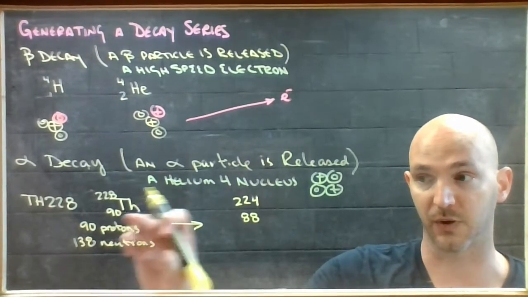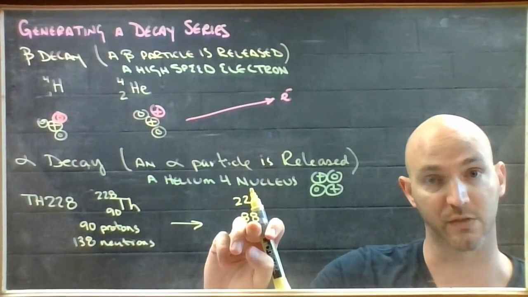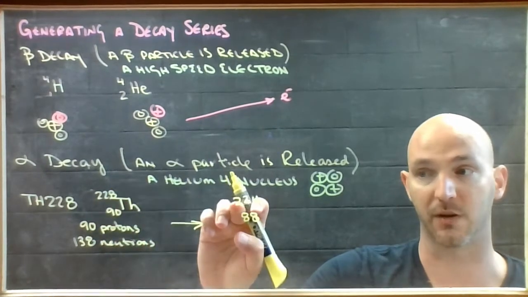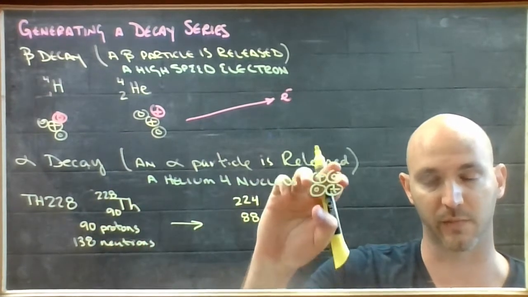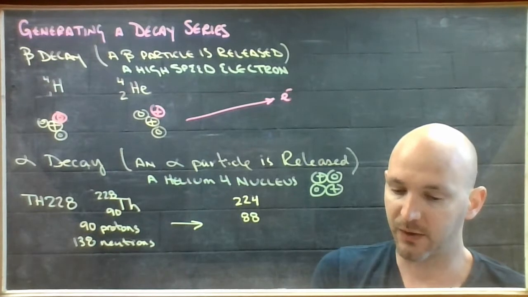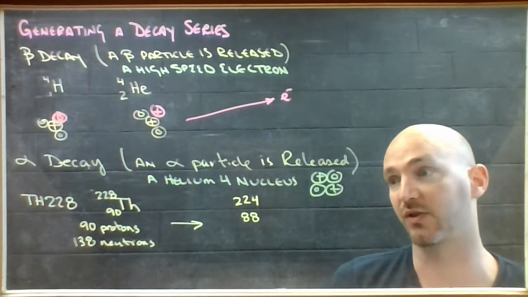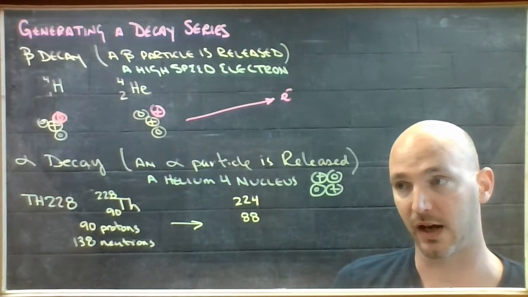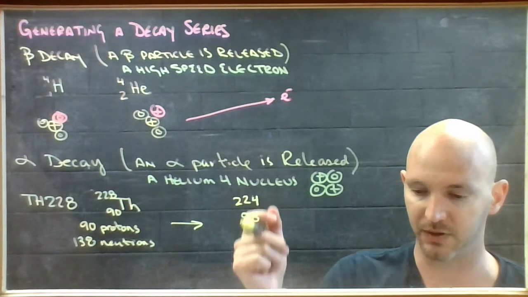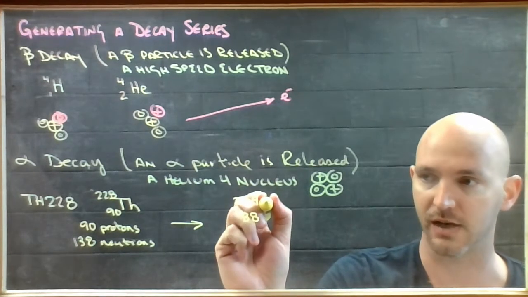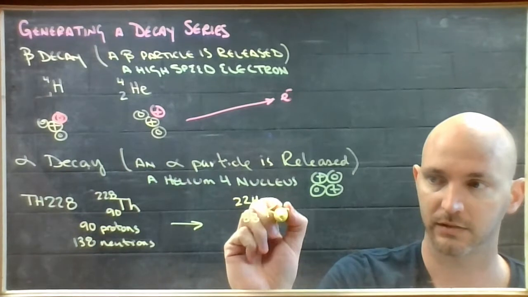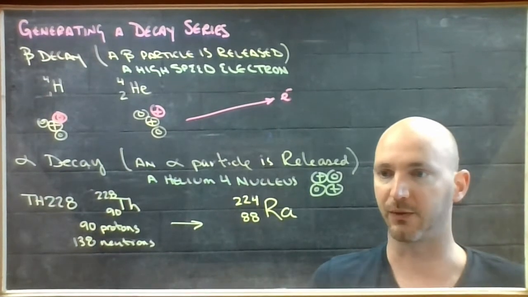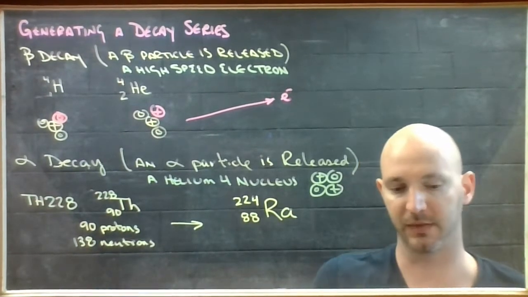Notice that the proton number has dropped by 2 because of the 2 protons, and the mass number has dropped by 4 because I've shed 4 particles. So if I were to search my periodic table for atom number 88, I believe that you come up with Ra, which is either radium or radon. Let me check that.